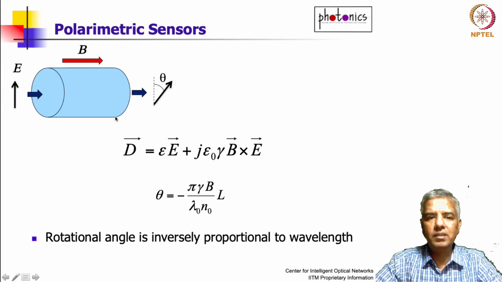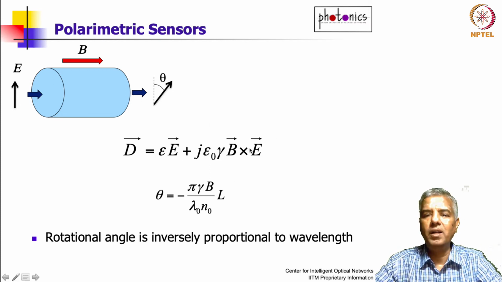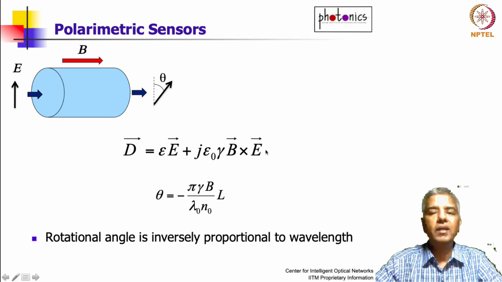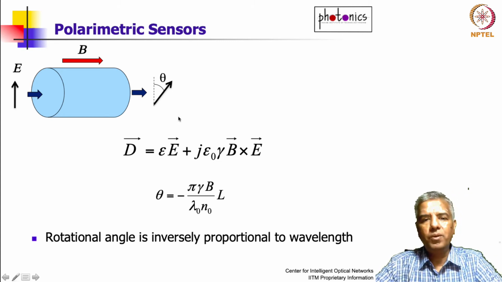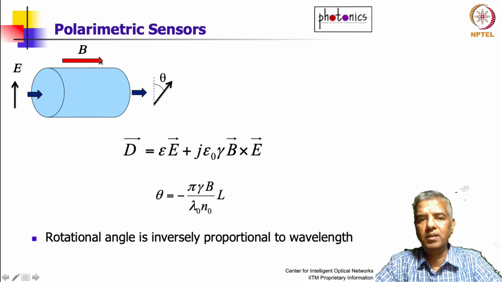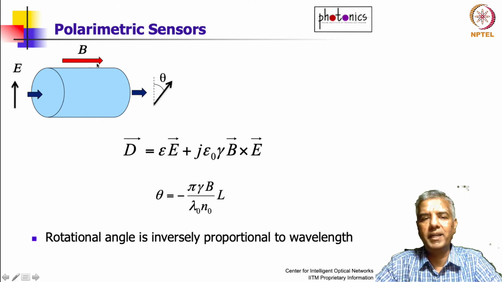Now, this Faraday effect is actually not reciprocal. You can get an idea why it may not be reciprocal, because it's a vector multiplication of the B with the E field. So when you're coming from the reverse direction, imagine that the magnetic flux is against you.